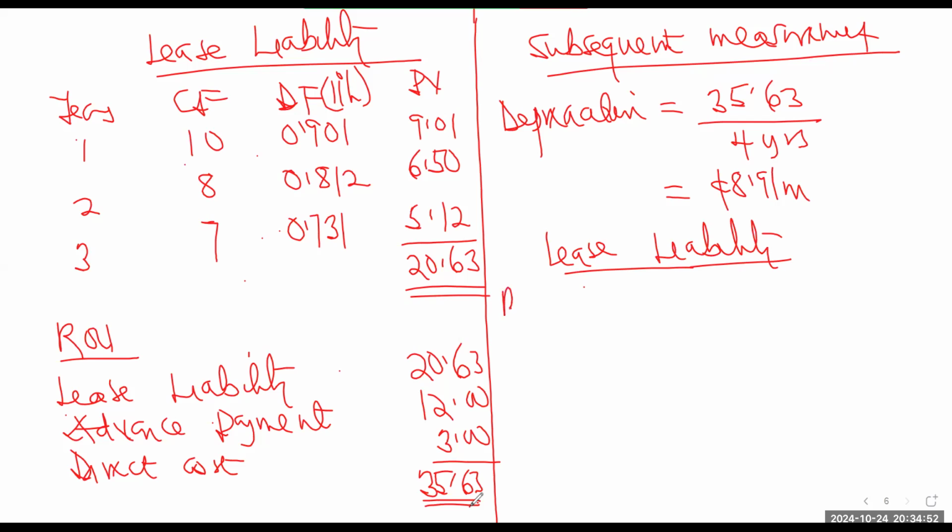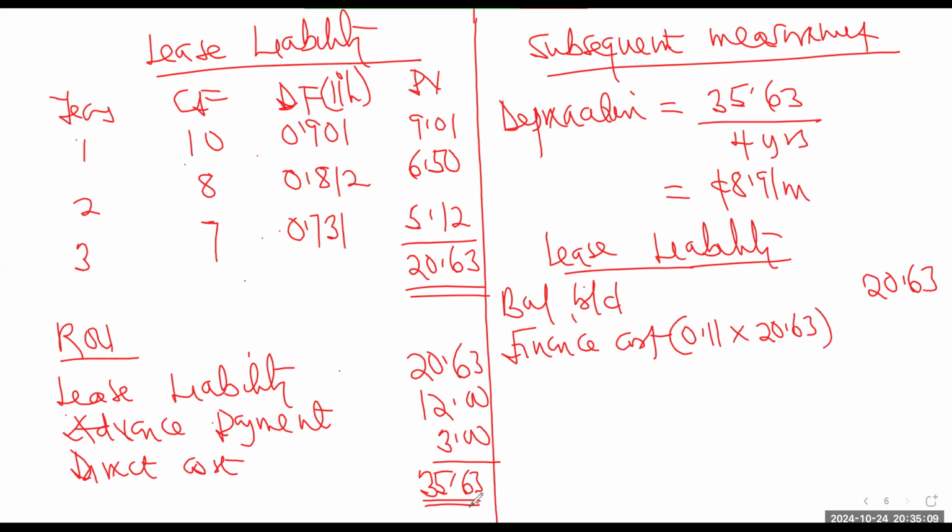So we have the balance brought down, which is the opening balance of the lease, 20.63. Then we have a finance cost of 0.11 multiplied by 20.63. How much are we having? 2.27.